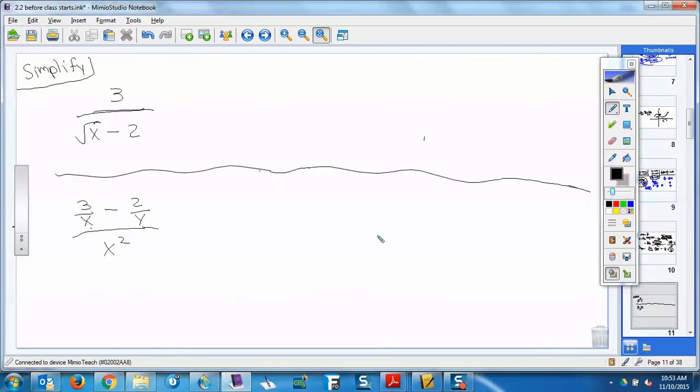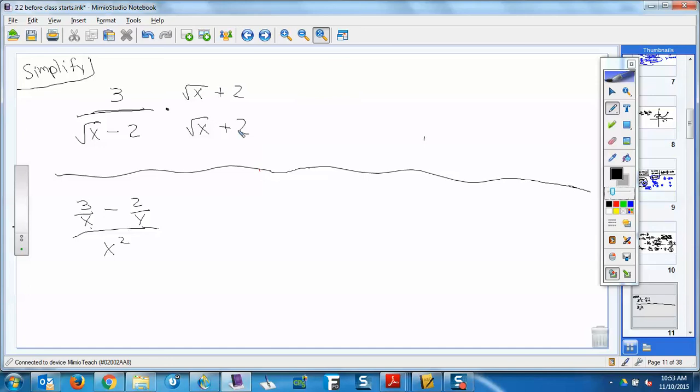Quick little practice here of the example I was just talking about. So here would be a couple of these algebra things I was just mentioning. So we just got done doing a bow tie situation, and I told you about the conjugate. So what would the conjugate be on this one? Root x plus 2. And I'm going to take the top and bottom times root x plus 2.